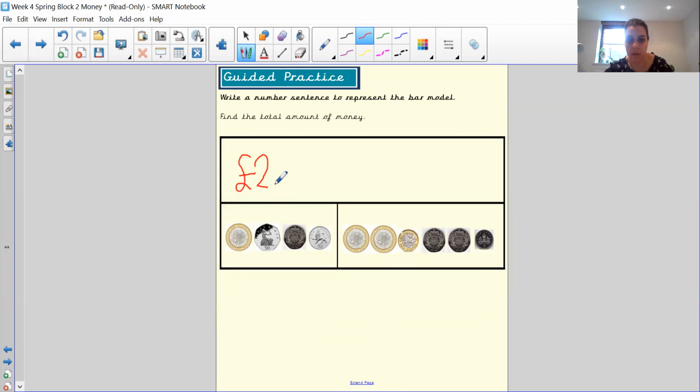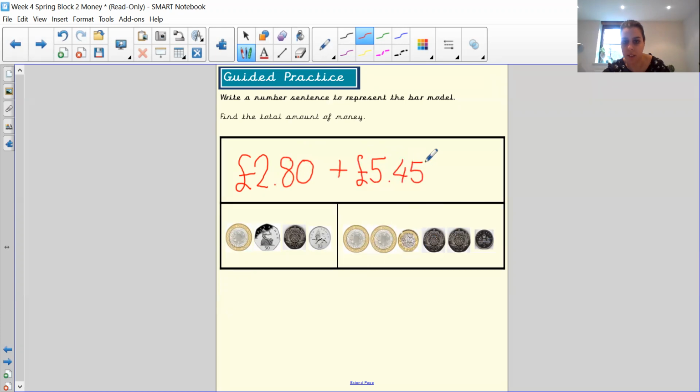So I've got £2.80, add, and this value, I've got £2 and £2 and £1. That's £5. And then my pence, I've got 20 and 20, which is 40, add 5. So I've got £5.45. Well done if you managed that.